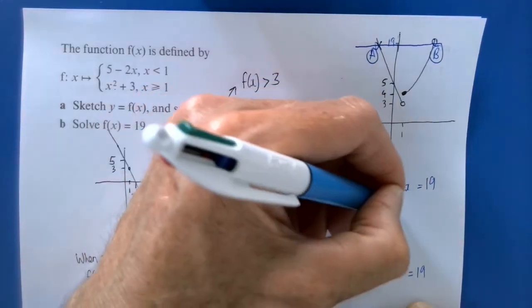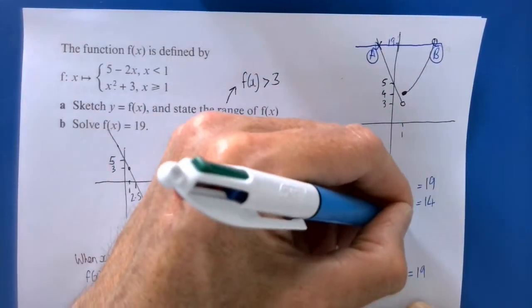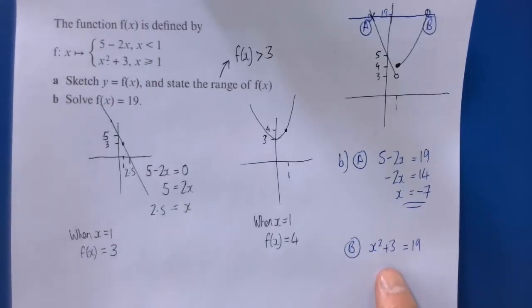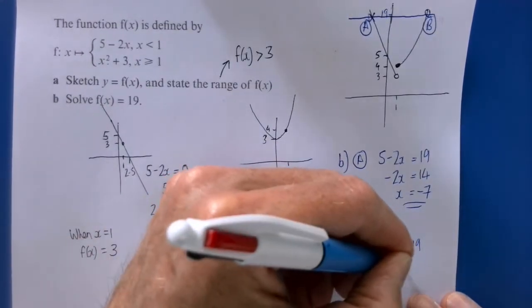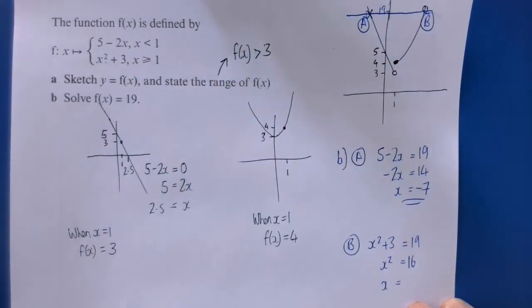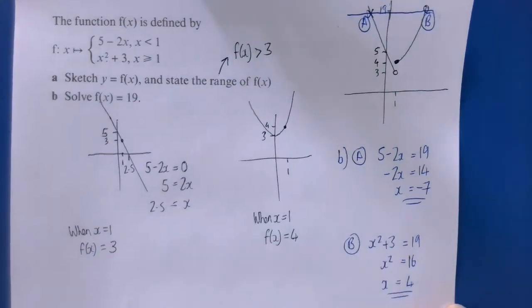So I'm going to minus 2x, take away 5, is 14. So x is minus 7 is one solution. And take away 3. So x is plus or minus 4, but we know on this branch that x is always greater than or equal to 1. So I'm just going to say, right, x is 4 is the other solution.